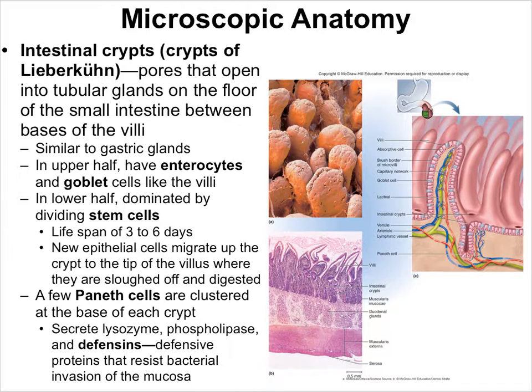They are similar in their nature to gastric glands. They have goblet cells and enterocytes to absorb nutrients and secrete mucus in the upper portion. And in the lower portion, they're mostly stem cells. The intestine, like the stomach, is an abrasive environment.